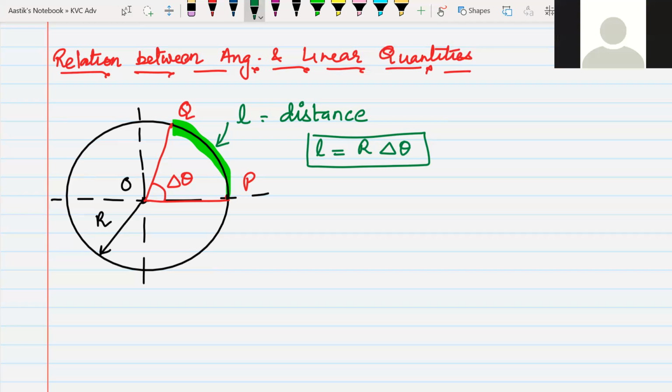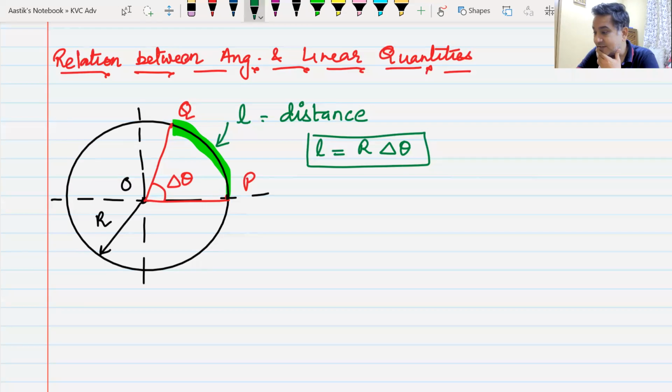Draw the diagram. Sir, it's done, sir. Okay.